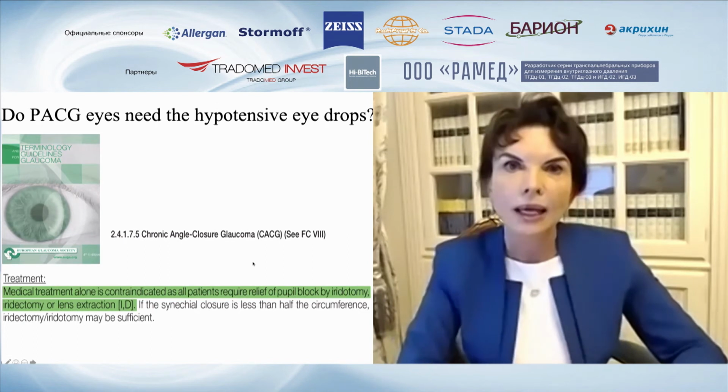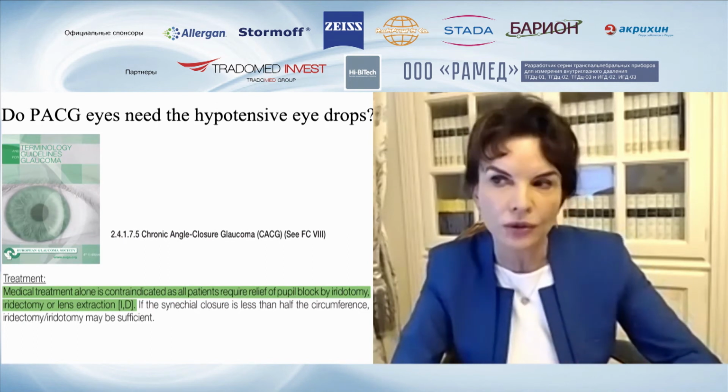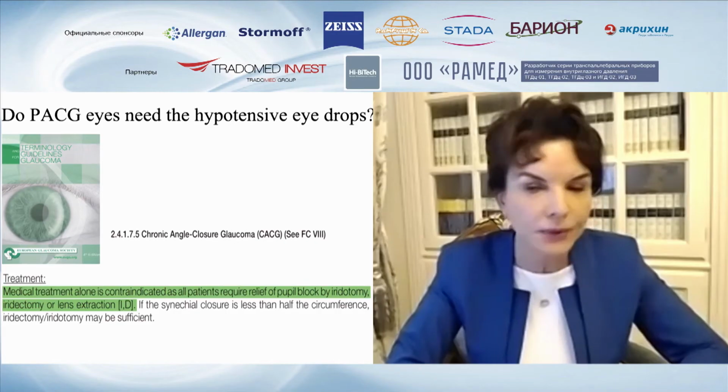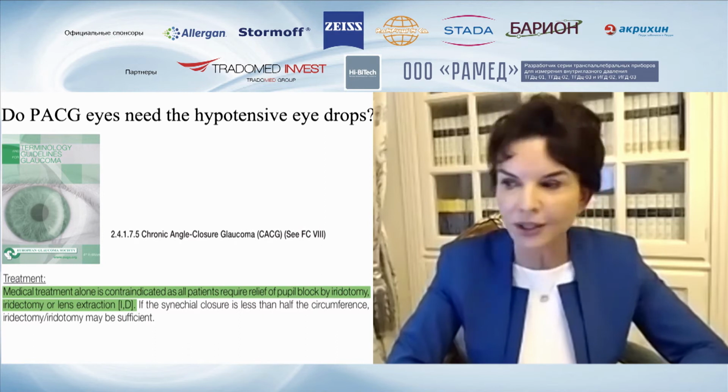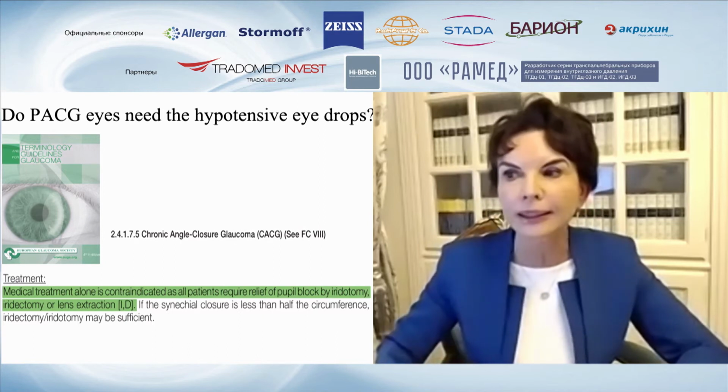And this raises the question, do primary angle closure glaucoma eyes need hypotensive eye drops? According to the European guidance, we remember that medical treatment alone is contraindicated in patients with primary angle closure glaucoma.